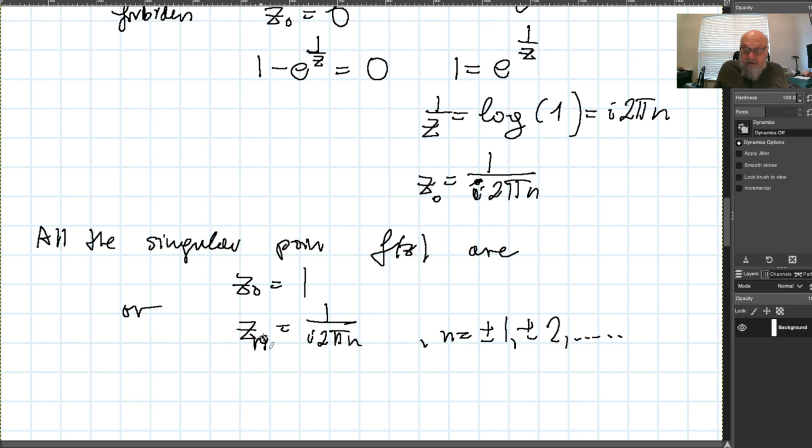And you notice that this z_n has this property that if you take the limit of z_n as n goes to infinity, let's look at what it is. This is going to be 1 divided by 2 pi n.